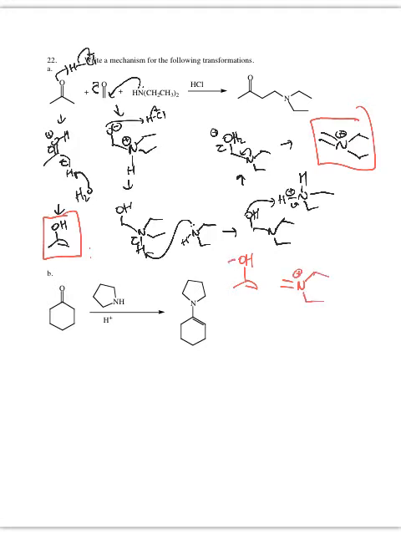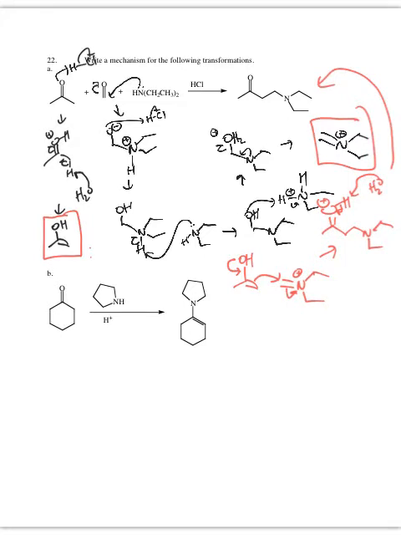And the enol can add to the carbon of the iminium, neutralizing the positive on the nitrogen, giving us this, which we can then remove the hydrogen from with water to get to our answer.